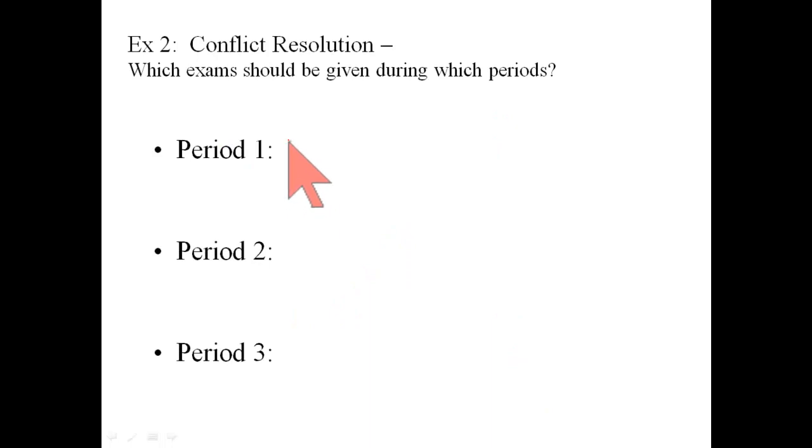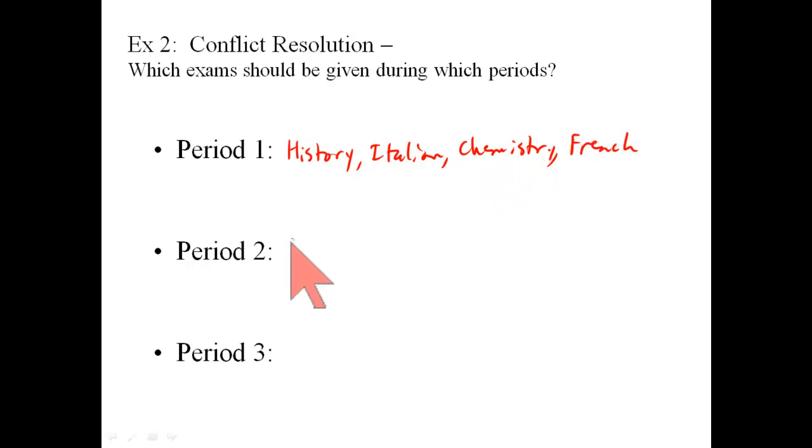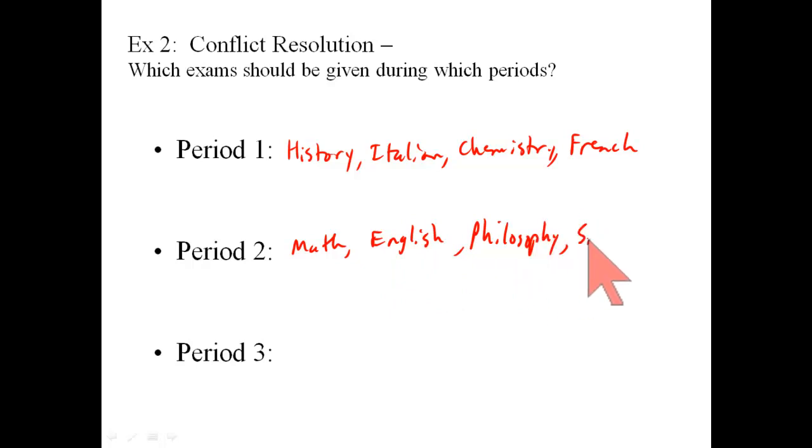And then in terms of what happens in period number 1, we can have history, Italian, chemistry, and French. And in period number 2, math, English, philosophy, and Spanish.